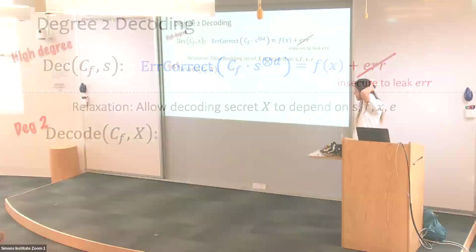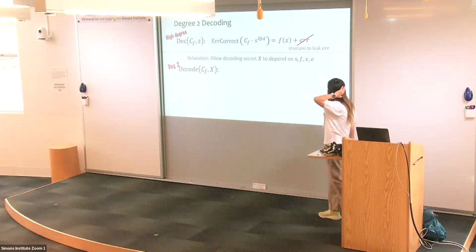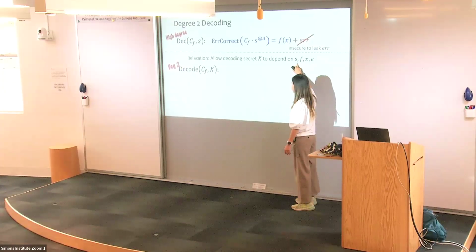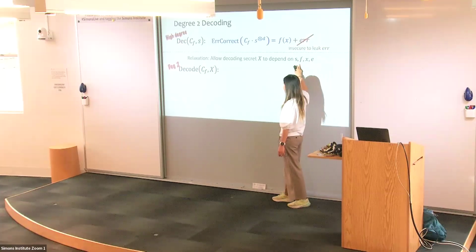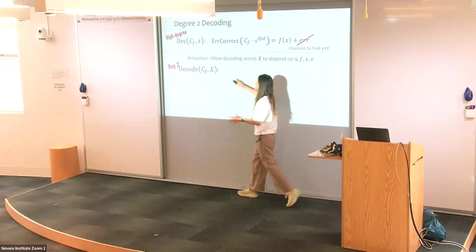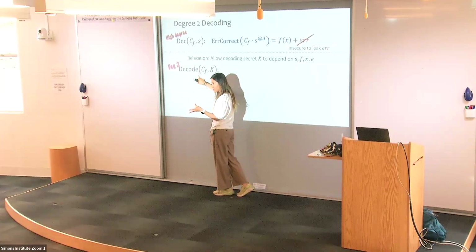That you do depend on every one of these components, but the interaction is NC0? Or, so X could be some arbitrary function of these things. How it depends on it, how complex that dependency is, I don't care. I just care about given x, this particular output ciphertext can be opened using just degree 2 computation.